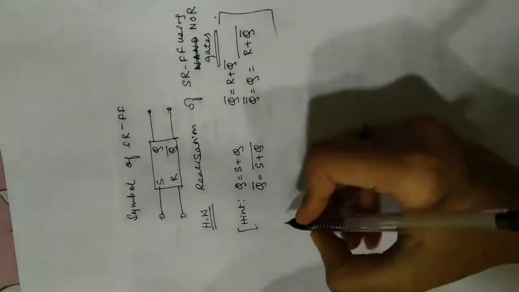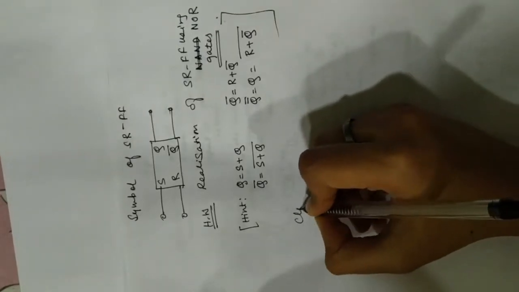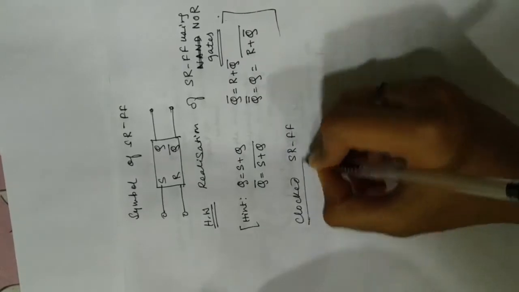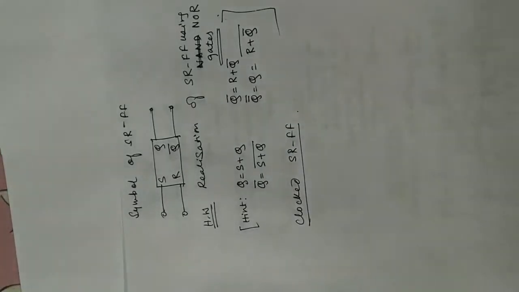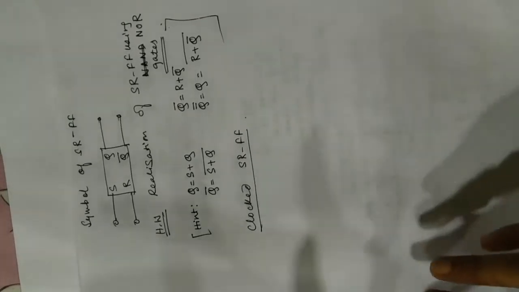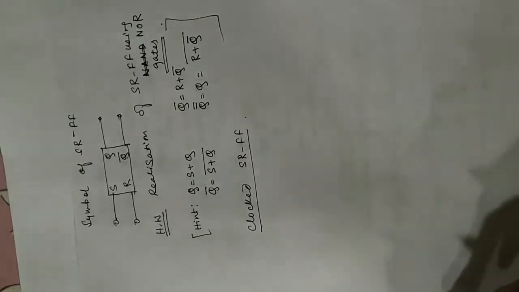Now we move on to the clocked SR flip-flop. So what is the requirement of a clocked SR flip-flop? In circuits which consist of a large number of flip-flops or gates, a mismatch of time can happen.